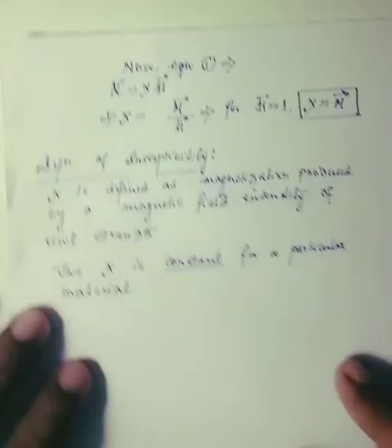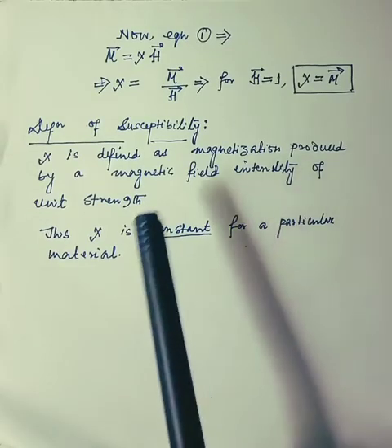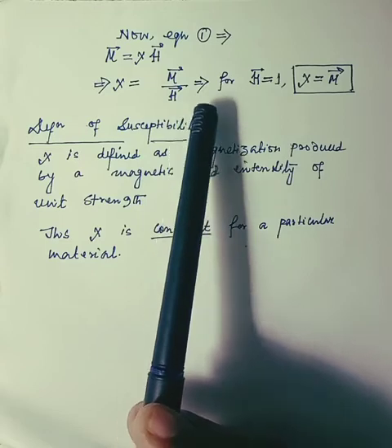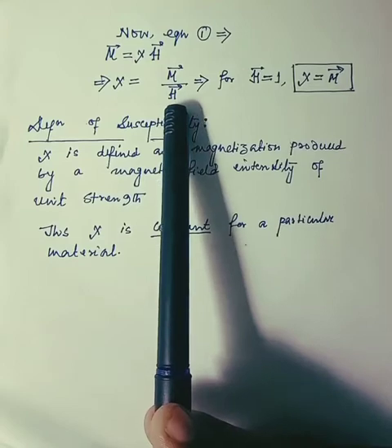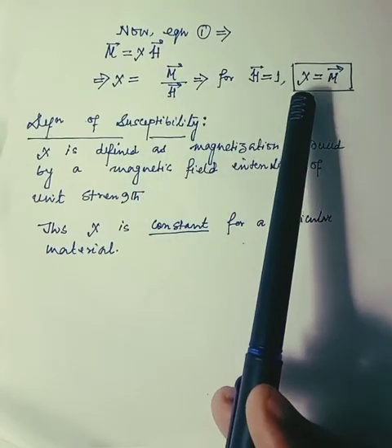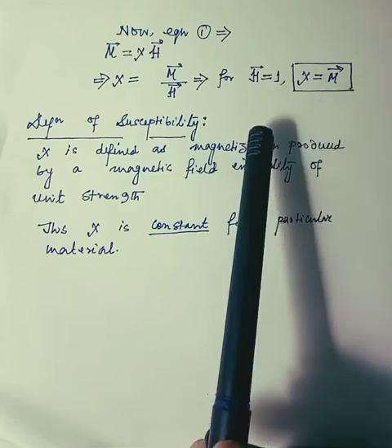Now equation 1 again implies M bar is equal to chi H bar, which means chi is equal to M bar by H bar, and this implies for H equal to 1, chi becomes equal to M. That means susceptibility becomes numerically equal to magnetization.